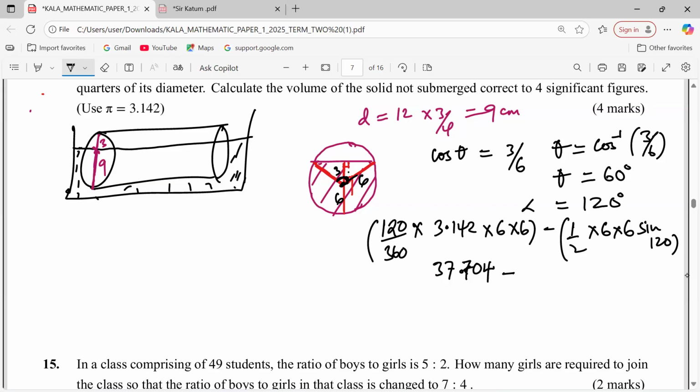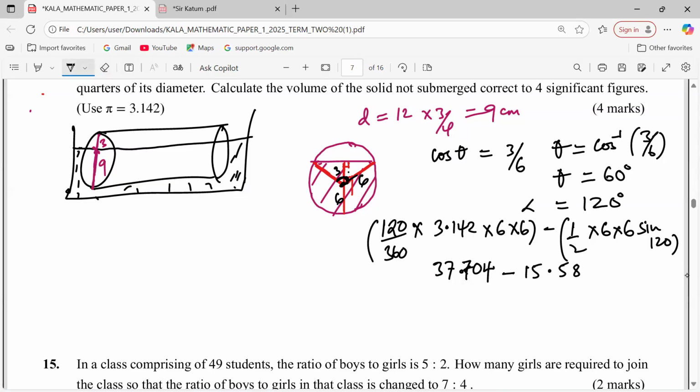Minus half times 36 times the sine of 120 gives us 15.588, increasing the accuracy.